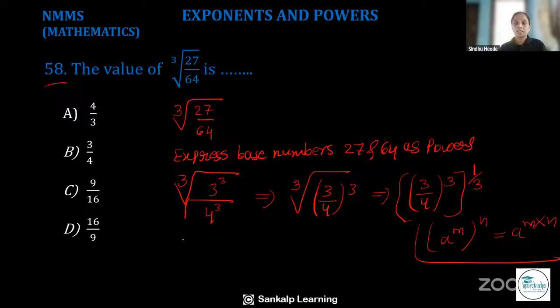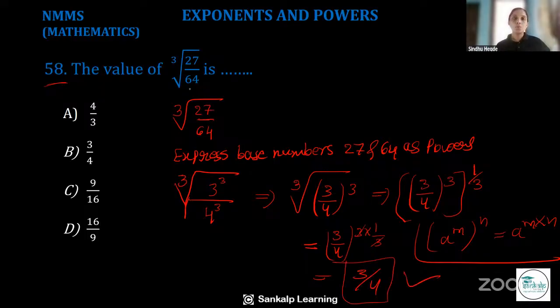Apply this formula here, we get 3 by 4 raised to 3 into 1 by 3. So 3 cancels out. Remaining is 3 by 4. This is our answer. So cube root of 27 by 64 is 3 by 4. Hence the correct option is option B, 3 by 4. Thank you.